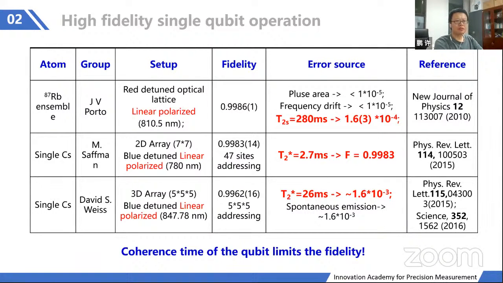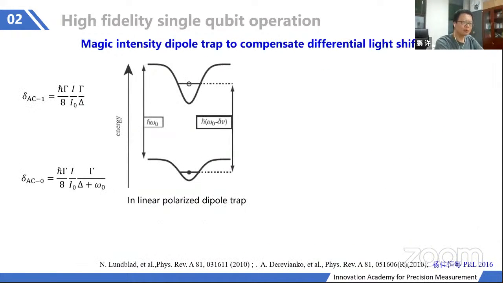All the experiments come to a conclusion that the coherence time of the qubit limits the final fidelity for single qubit operation. And the main reason that limits the coherence time of a neutral atom qubit in the dipole trap is like this: the atom is trapped using a dipole laser.